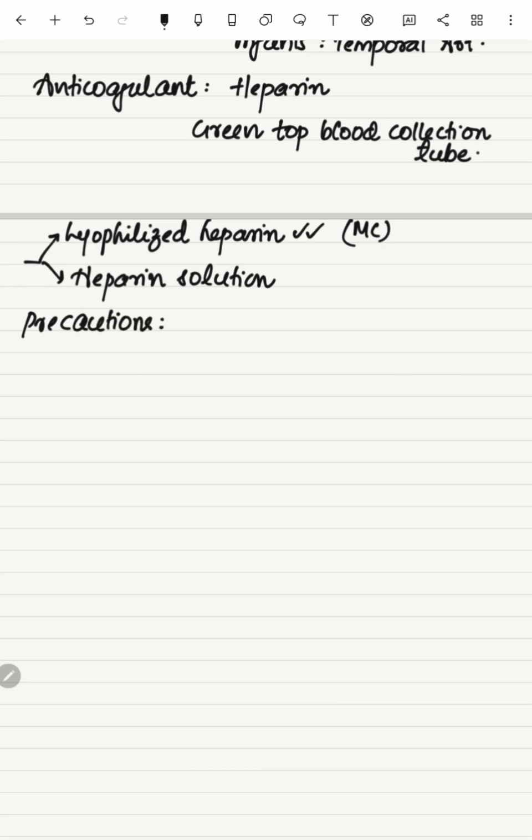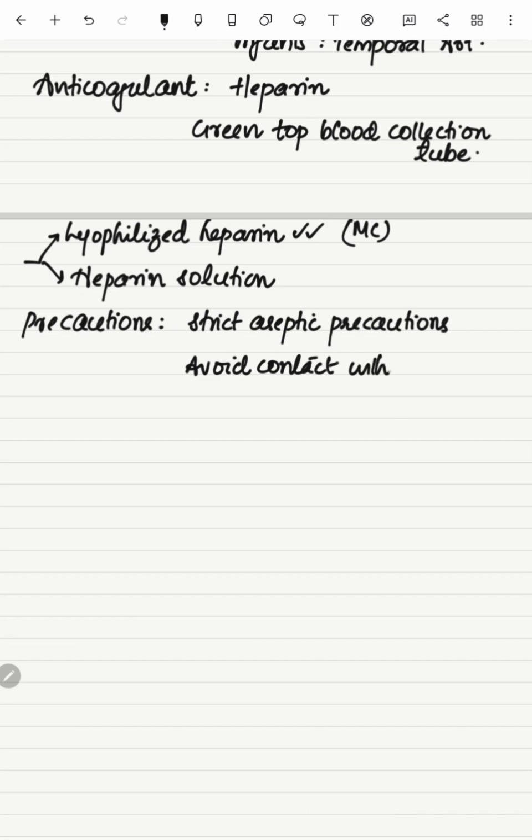Now, what are the precautions taken for sample collection and transport? Collect the sample under strict aseptic precautions. Avoid contact of the sample with air. Transport the sample immediately to the analyzer without any delay.